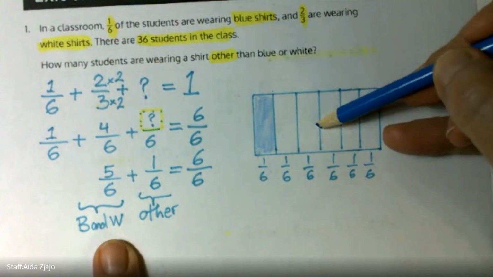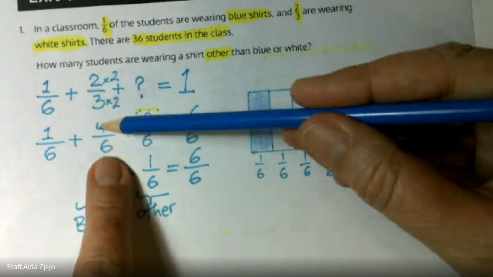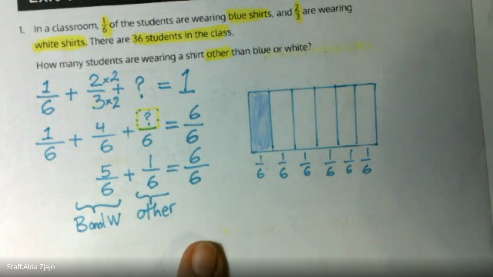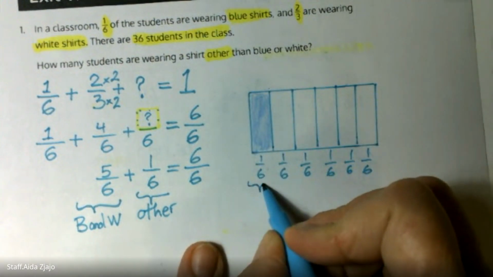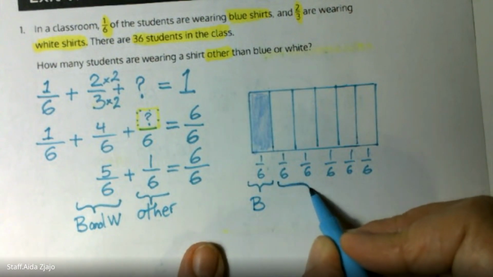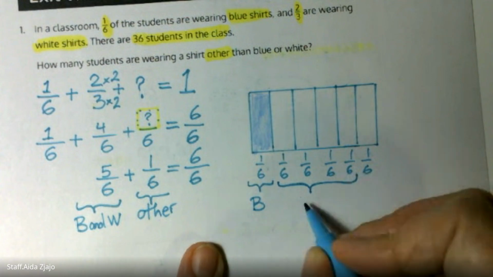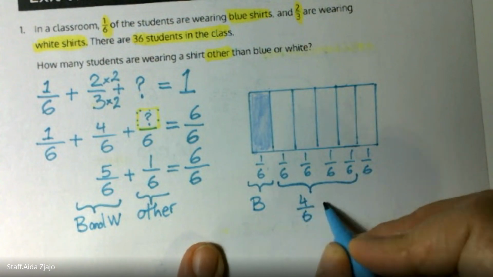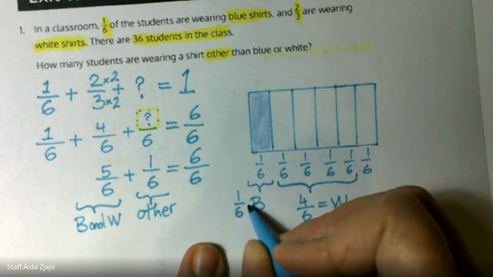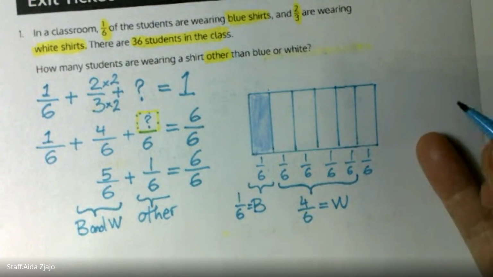So these are white, but that is 4/6. So 1, 2, 3, 4. So this is blue, and this is 4 of them. 4/6 is white, and 1/6 is blue.